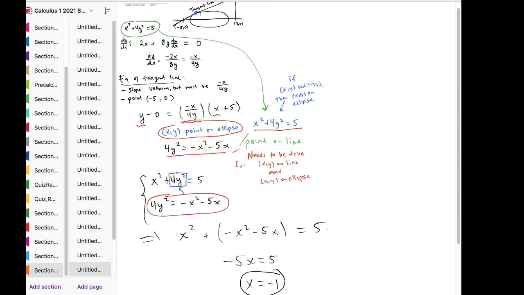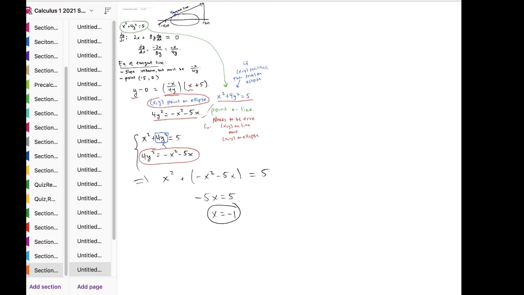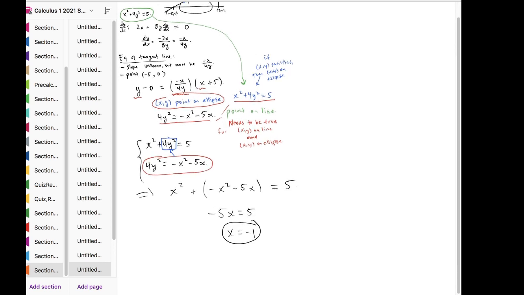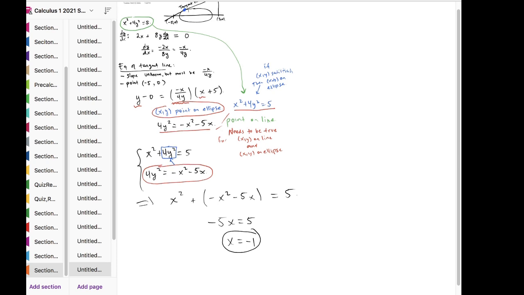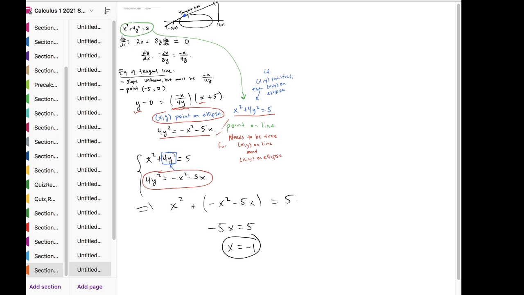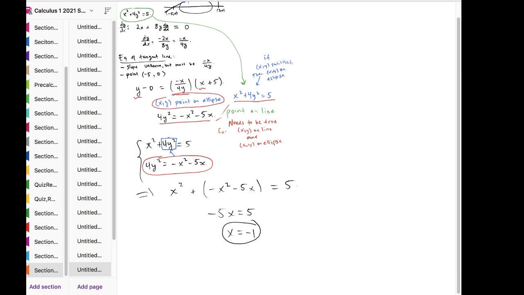Okay, now what's the y value? I need to just plug in x equals -1. The ellipse is the easier place to plug it in. -1 squared plus 4y squared. Oh yeah, is it 1 or -1?